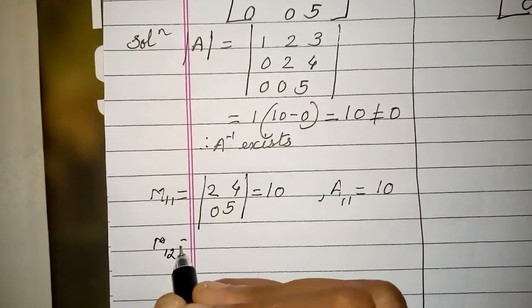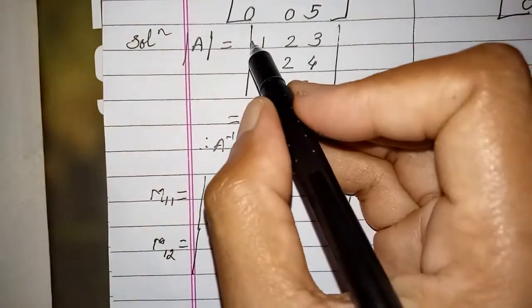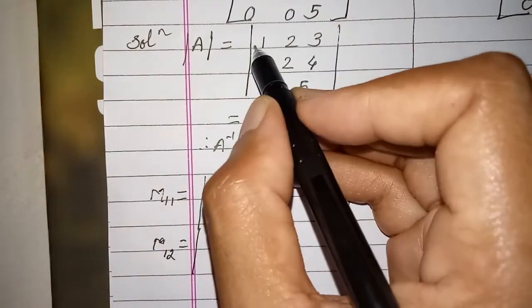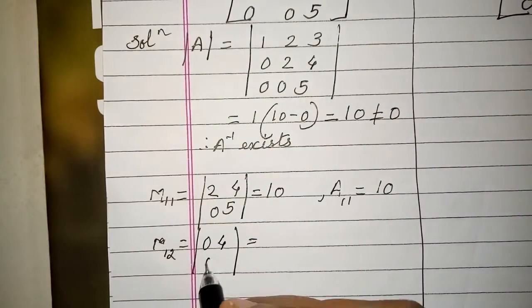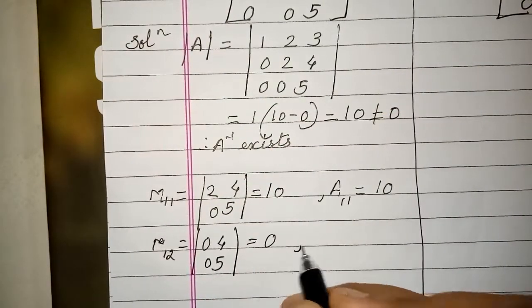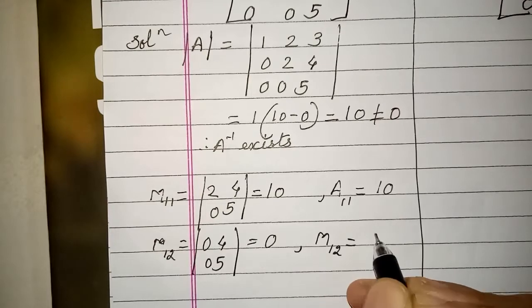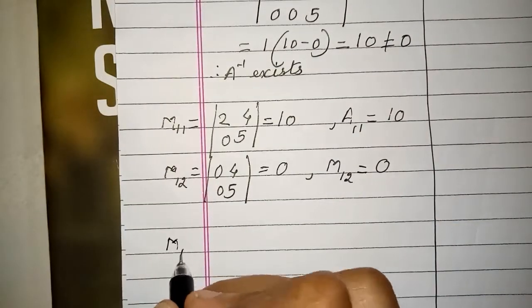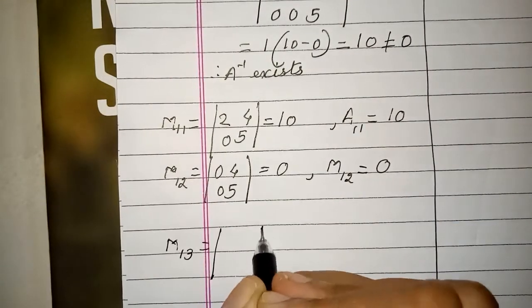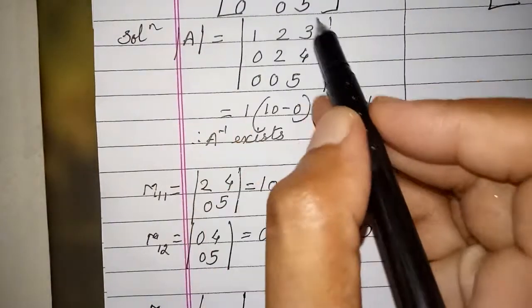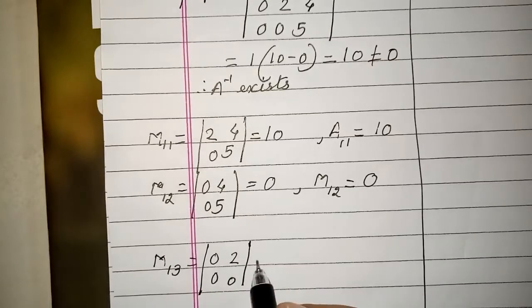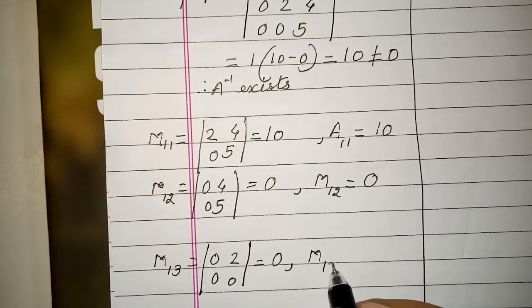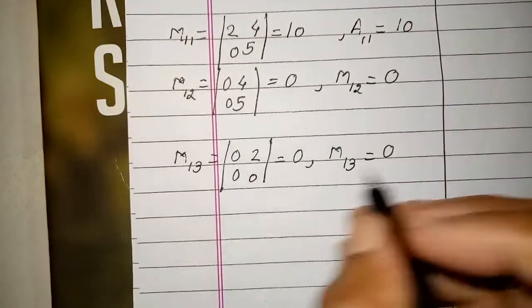Now M12 means first row, second column. So it is 0, 4, 0, 5. Again 0. Even though it is negative, it is 0. M13, what is M13? First row, third column: 0, 0, 2, 0. So again 0. Position is positive, but it is 0.